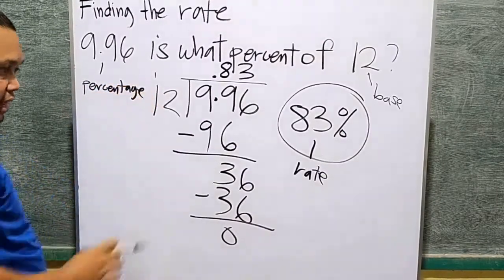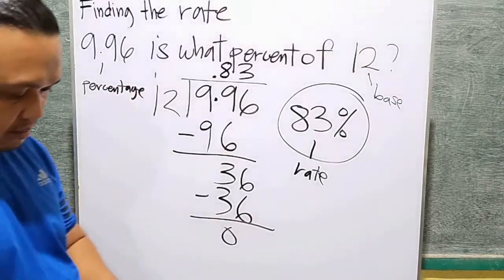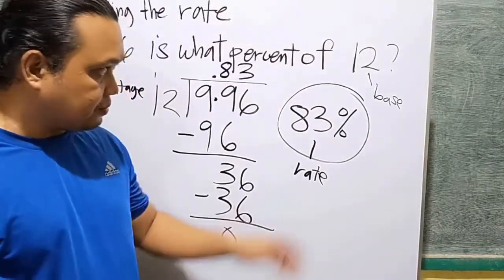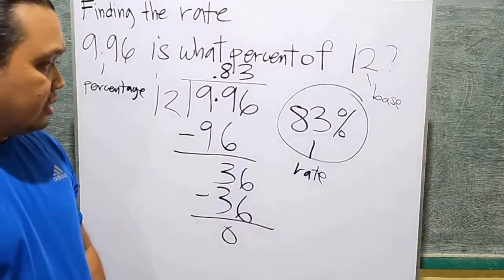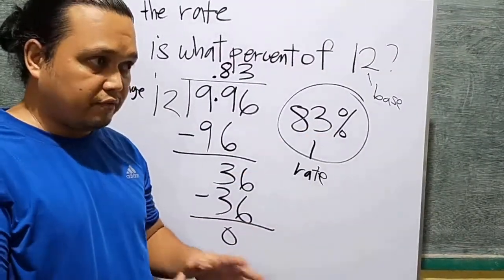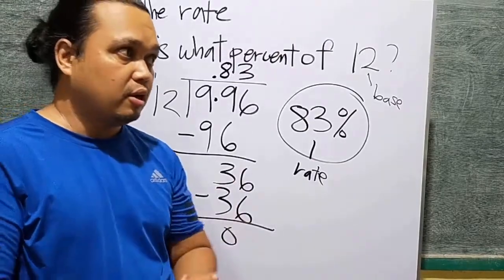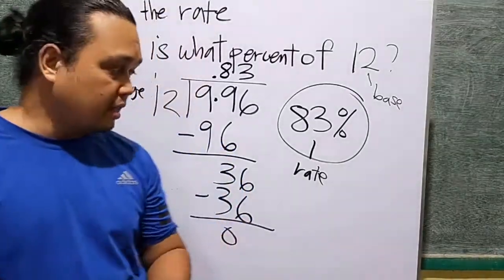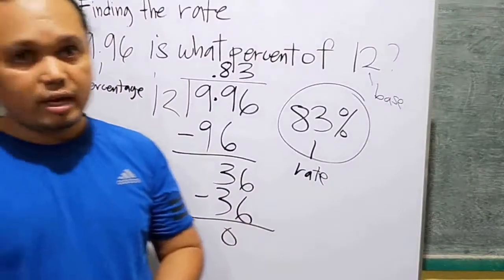To find the rate, just simply divide the percentage by its base, or divide the base from its percentage. That's how we get the rate.